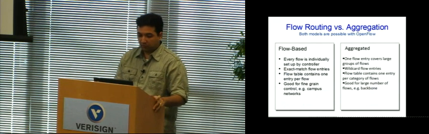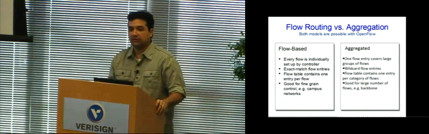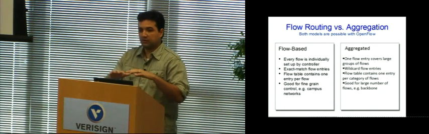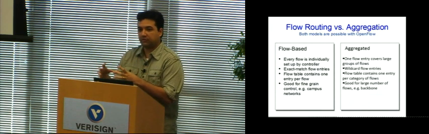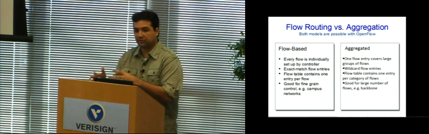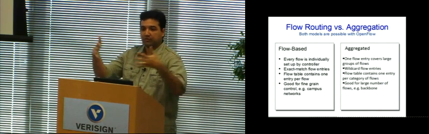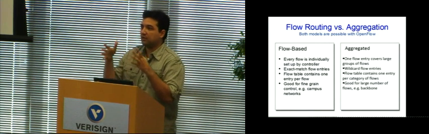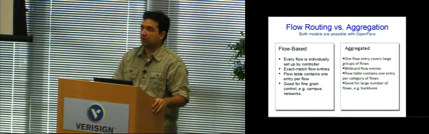You can do flow routing or aggregate. If you have a service like video and you want to use a certain amount of bandwidth for it, you can aggregate all flows that match that particular service with the same rule, and the switch will basically route that rule.